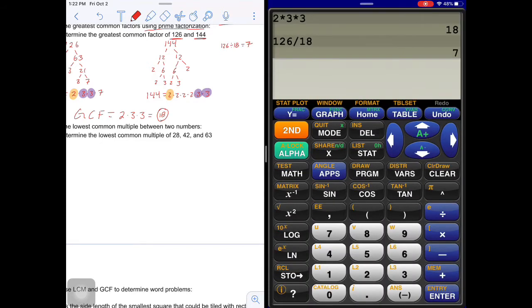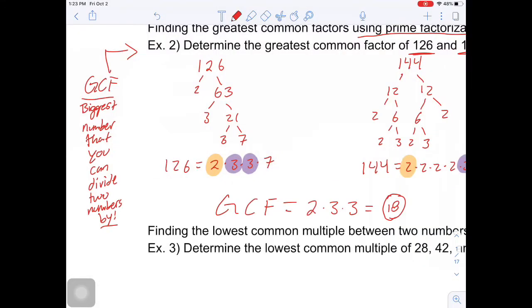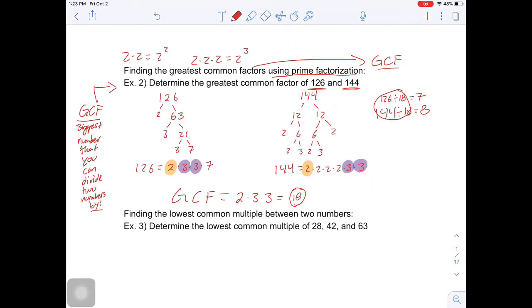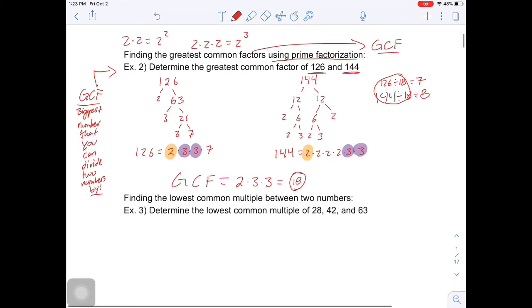And then you can do 144 divided by 18, and that gives you 8. So you can see that this is a very large number that we can divide by. Okay, so that's the greatest common factor. We use prime factorization in order to figure that out.